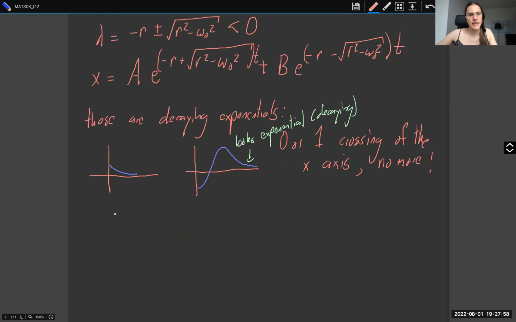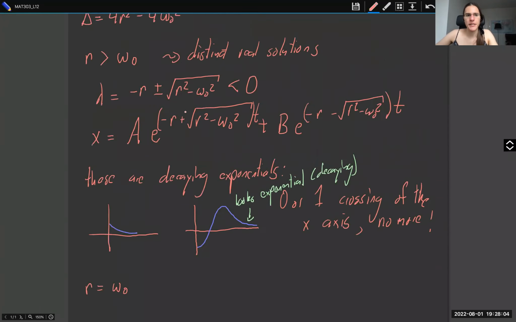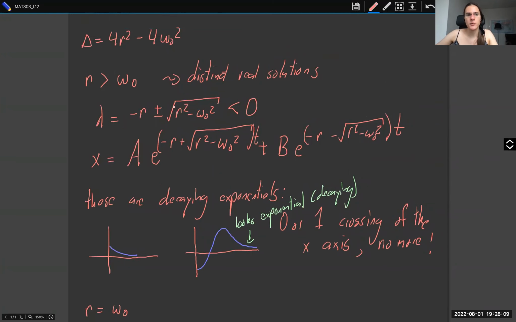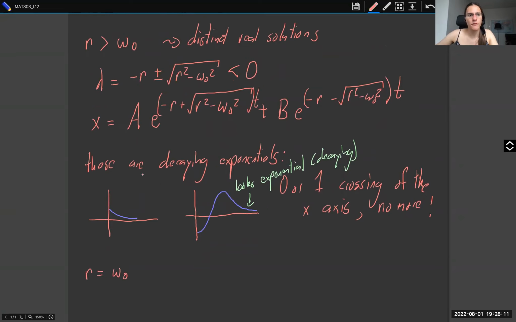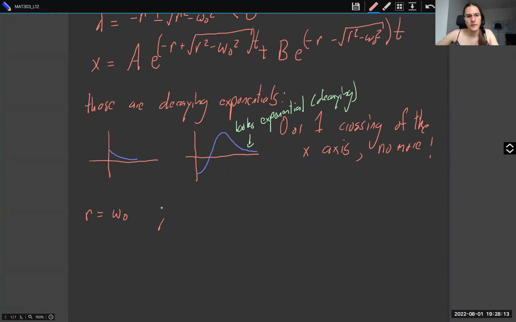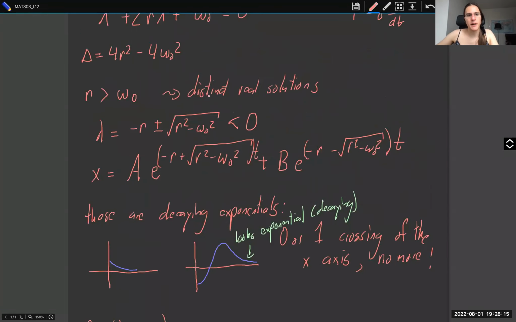Now, what happens if R is equal to omega naught? Then we have repeated roots, right? And the way that we handle repeated roots is that, well, first off, lambda is going to be, this expression here is going to be 0.